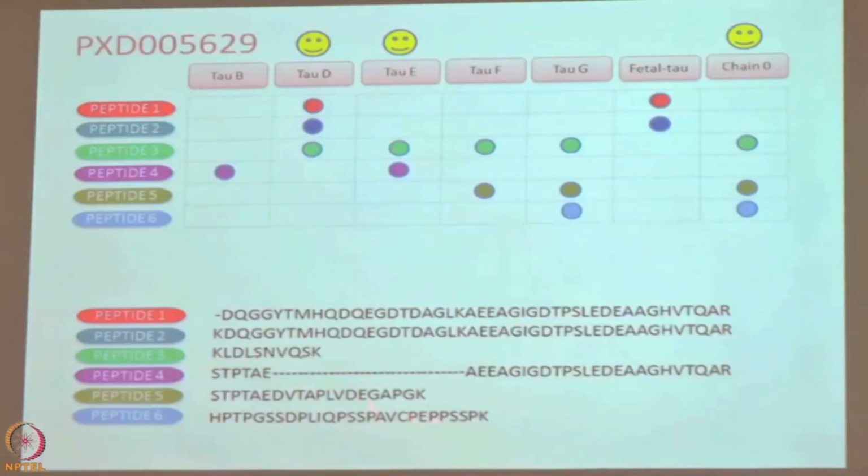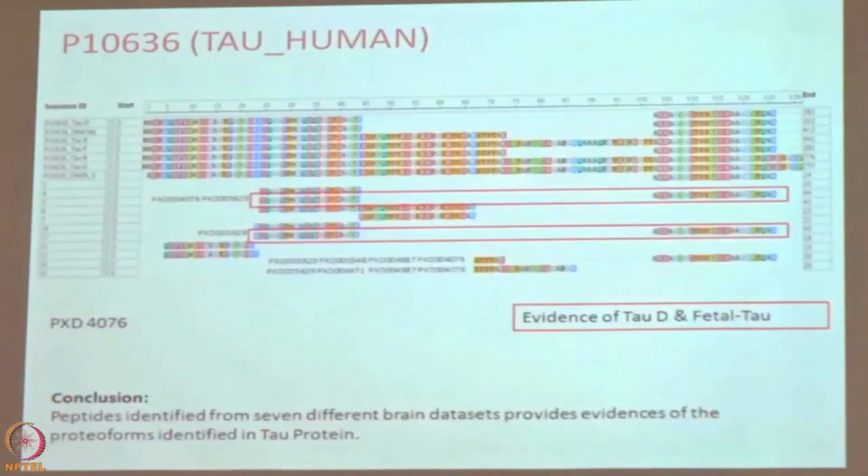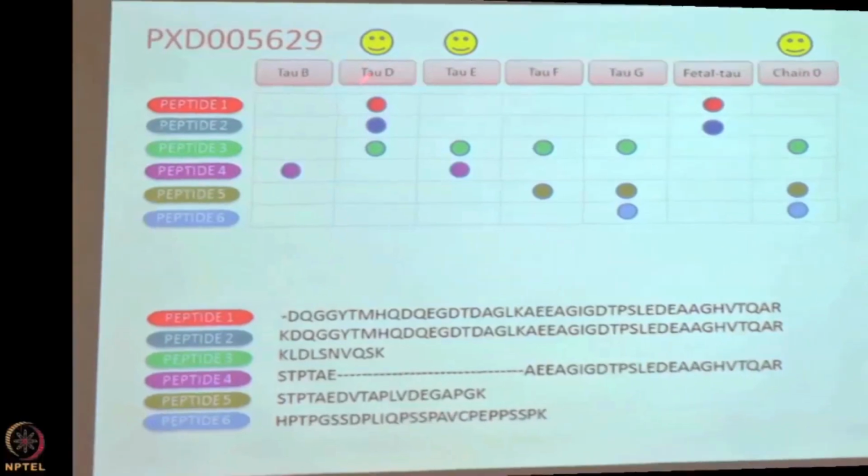So, we have to go back to the data and look at the peptides. This particular peptide is a unique peptide which clearly says that after E the AEE comes, which is very difficult to read from here. So, that tells us that only one proteoform is possible. Other proteoforms cannot explain such a separation of the peptides.